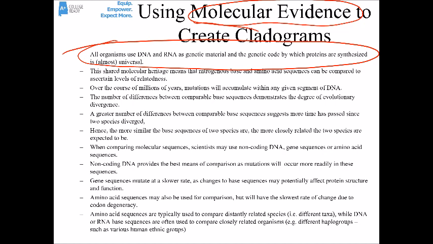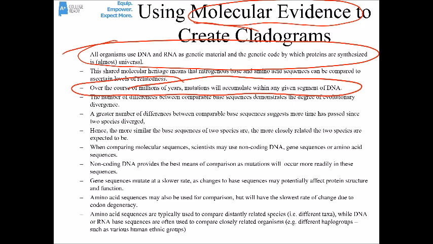This means that the nitrogenous base sequences, the sequences of A's and T's and G's and C's, can be compared. Over the course of millions of years, mutations accumulate. So that means the further back two species separated from each other, there's been more time for mutations in those genes to accumulate. So the more differences, that would mean the less related two species are. The less differences, that would mean the more related they are.